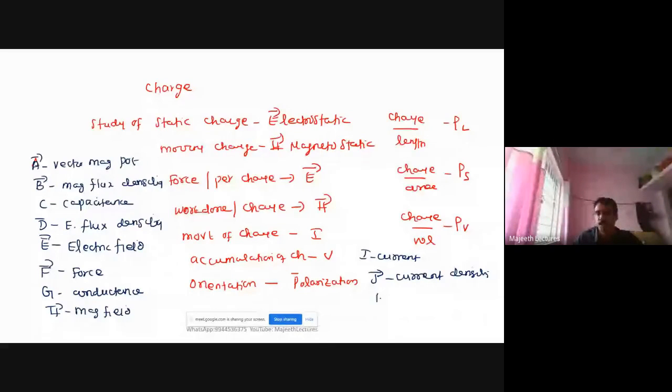K, 1 by 4 pi epsilon naught, that is equal to 9 into 10 power 9. L, inductance, that is self. So if there is any space, okay. M, mutual inductance. N, number of turns. Hope you should have studied in inductor. There is no O. P, polarization.